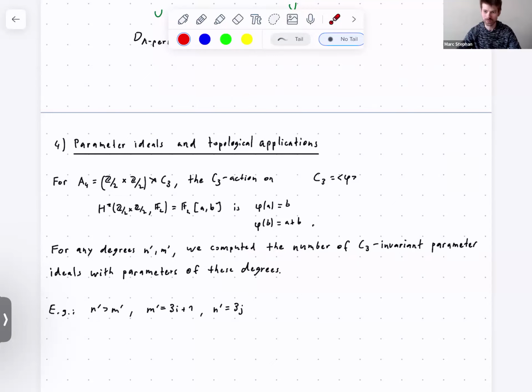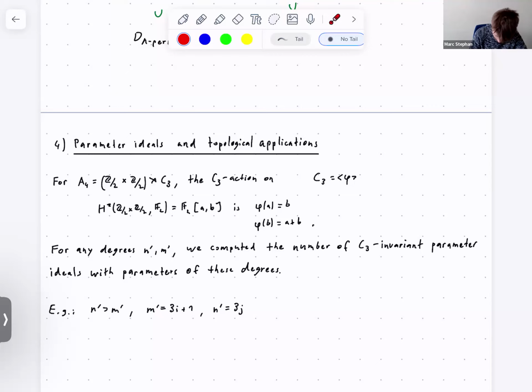And this can be done, but I don't want to now write many formulas. Maybe let's just look at one formula. So in the case where m prime is bigger than n prime, in general, this depends on what m prime mod 3 and n prime mod 3 is.